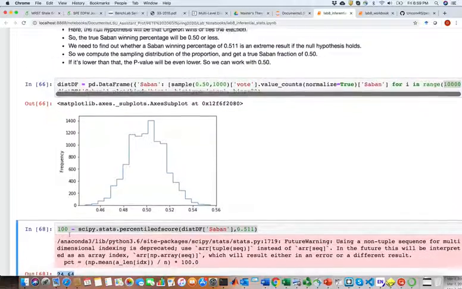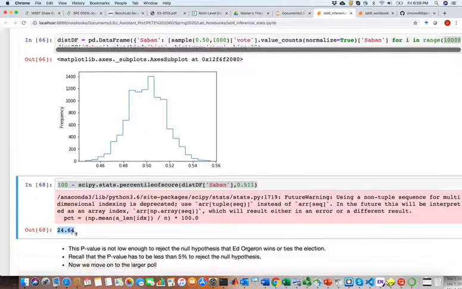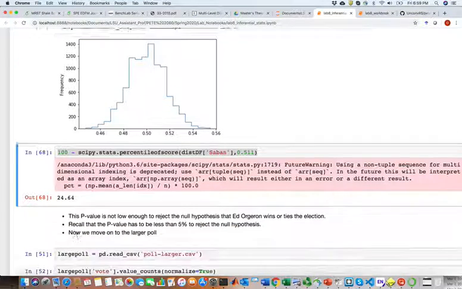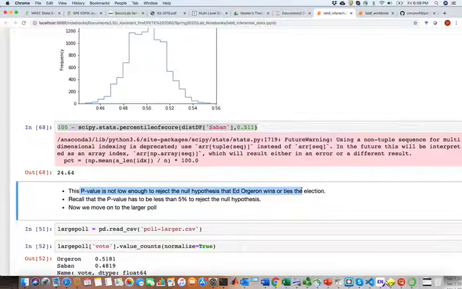So it's possible that Nick Saban loses because we can't reject the null hypothesis, which is that he loses or ties. And that is written out here in words. P-value is not low enough to reject the null hypothesis that Ed Orgeron will win or tie the election.